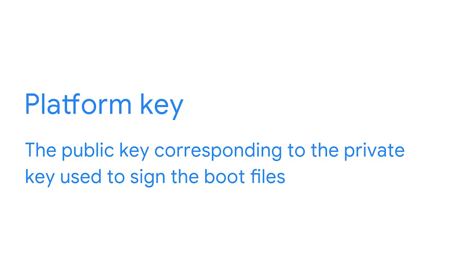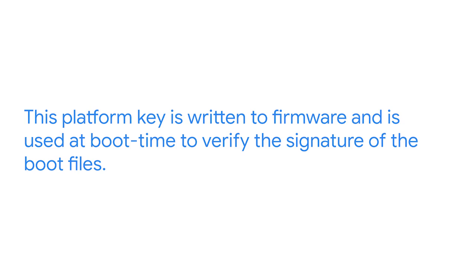Initially, Secure Boot is configured with what's called a platform key, which is the public key corresponding to the private key used to sign the boot files. This platform key is written to firmware and is used at boot time to verify the signature of the boot files. Only files correctly signed and trusted will be allowed to execute. This way, Secure Boot protects against physical tampering with the unencrypted boot partition.